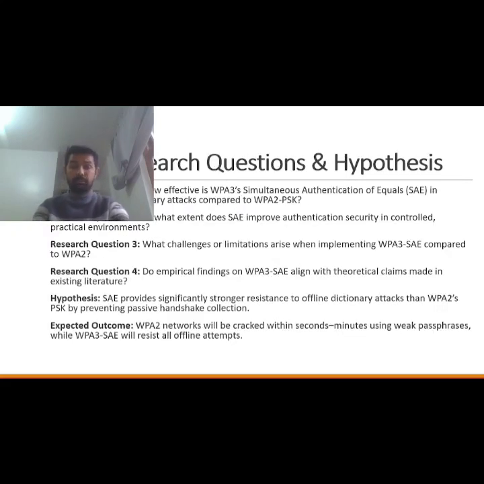Research questions. The first question: how effective is WPA3 Simultaneous Authentication of Equals in mitigating the offline dictionary attack compared to WPA2? It means, how well does WPA3 SAE stop offline dictionary attacks?